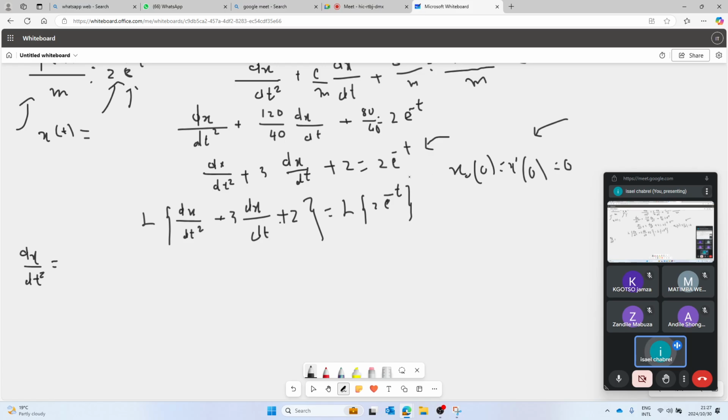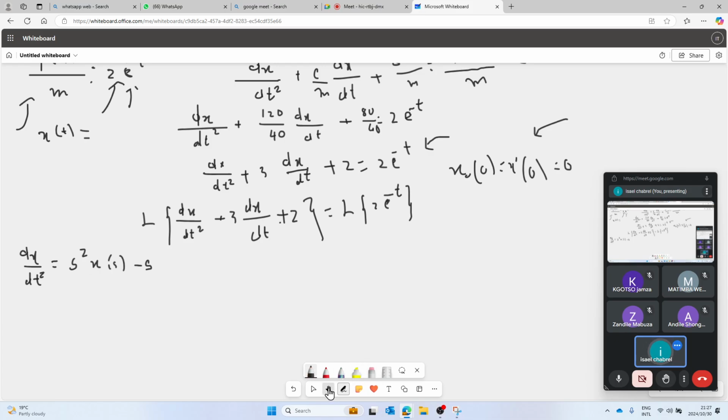What I'm going to have here is s squared X of s, minus s... why am I saying Y again? I'm writing Y because on the formula it is Y, but it's supposed to be X.